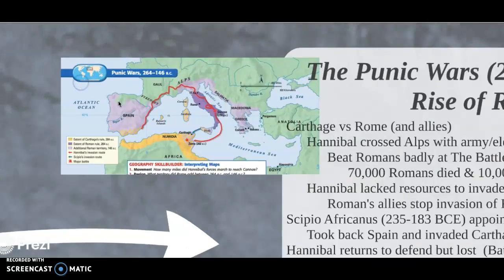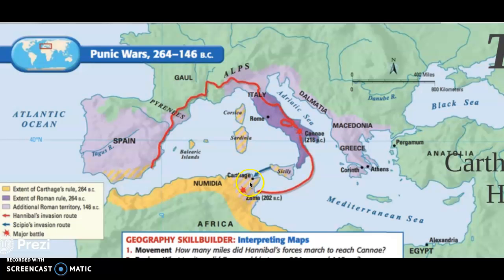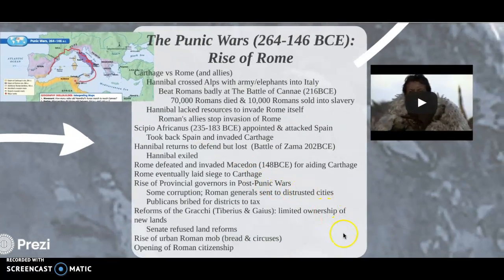Carthage is here in northern Africa. So after all is done, you can see the territory that's going to be part of the Roman Empire, all this shaded colored area. It includes the Greeks, Spain, and northern Africa, where Carthage is.